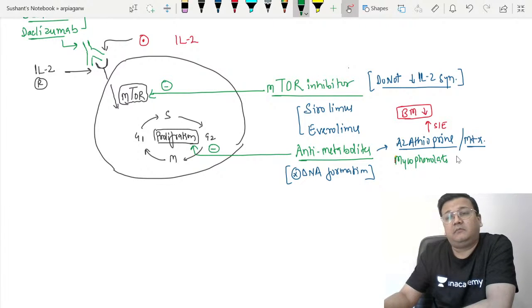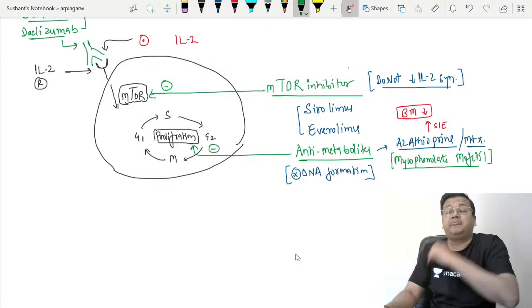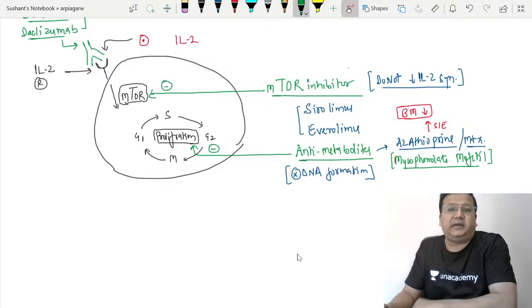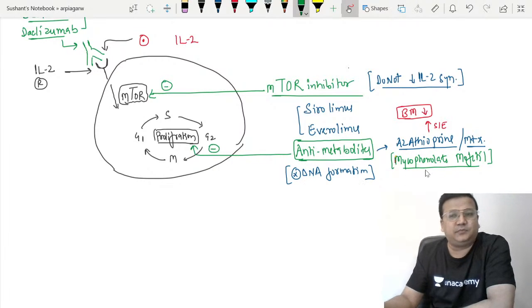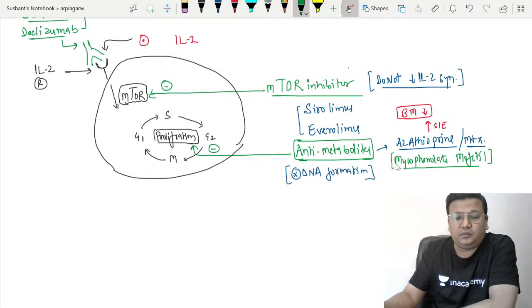Mycophenolate mofetil, which we'll discuss in detail, is also an anti-metabolite class of drug, but it causes less bone marrow suppression than azathioprine.